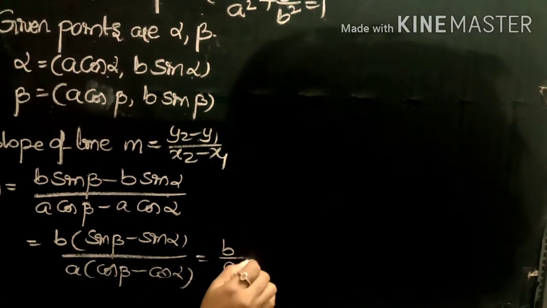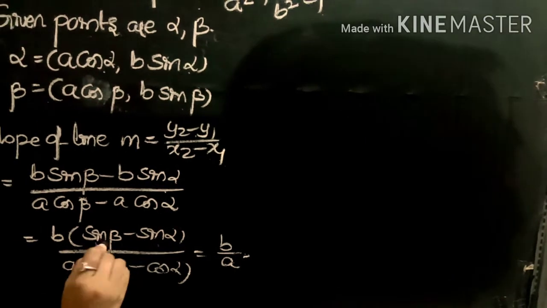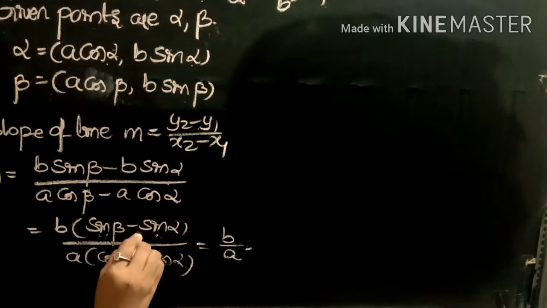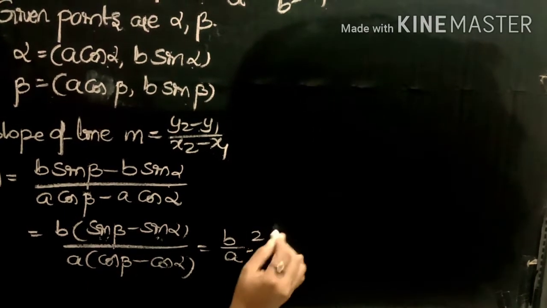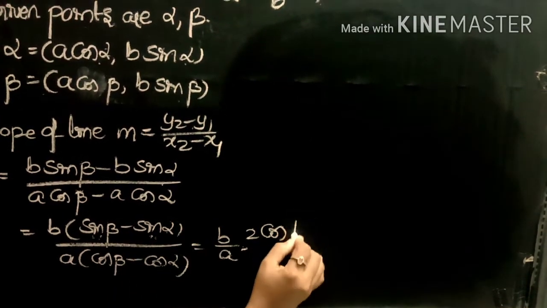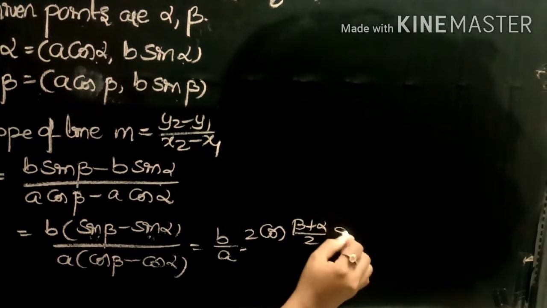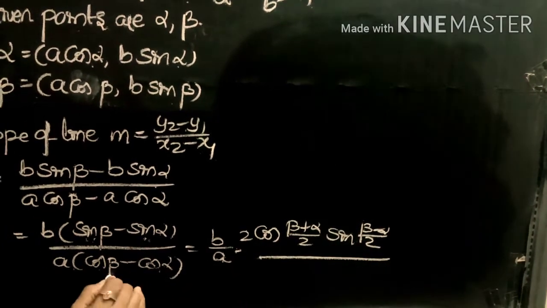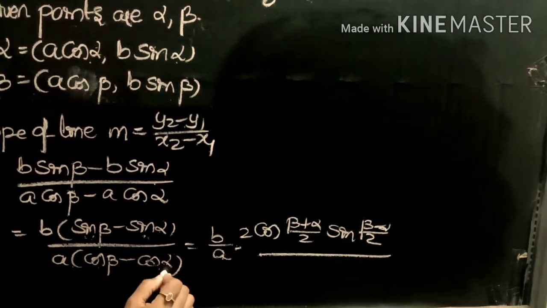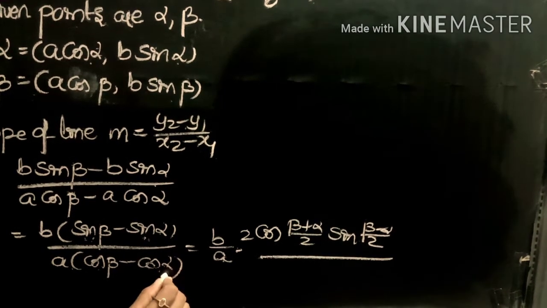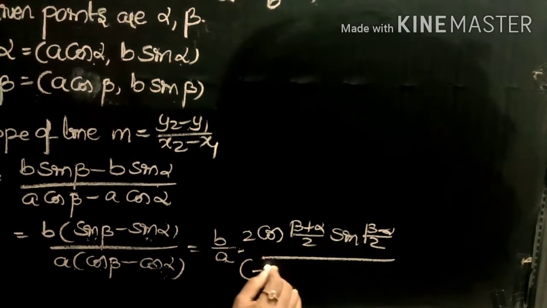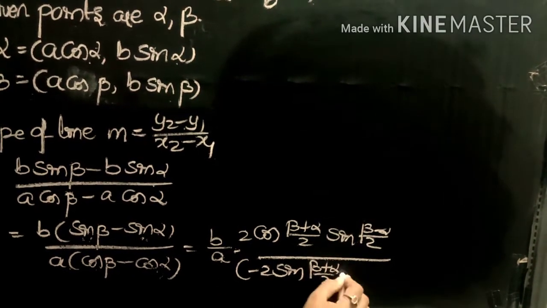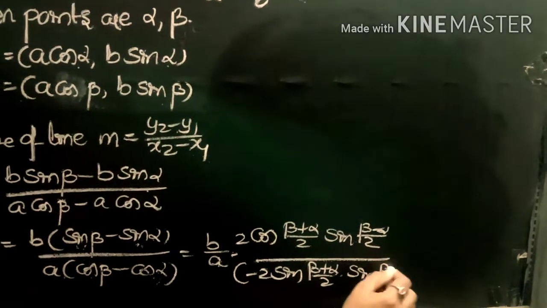This is equal to b by a into (sin beta minus sin alpha), which is in the form of sin C minus sin D, and sin C minus sin D is equal to 2 cos (C plus D) by 2 sin (C minus D) by 2. That is 2 cos (beta plus alpha) by 2 into sin (beta minus alpha) by 2, whole by (cos beta minus cos alpha), which is in the form of cos C minus cos D. The formula is minus 2 sin (C plus D) by 2 into sin (C minus D) by 2, that is minus 2 sin (beta plus alpha) by 2 into sin (beta minus alpha) by 2.